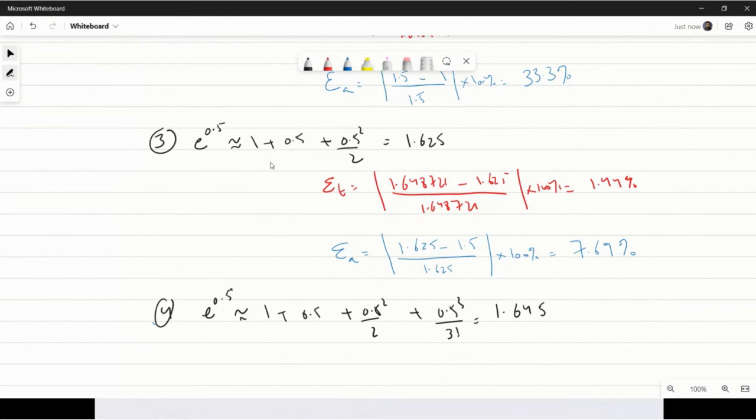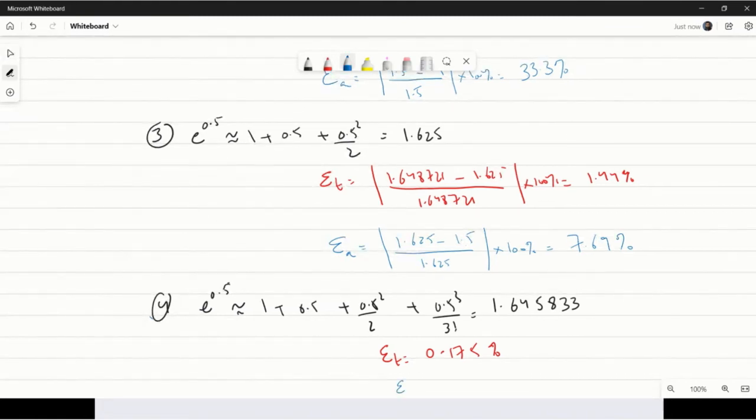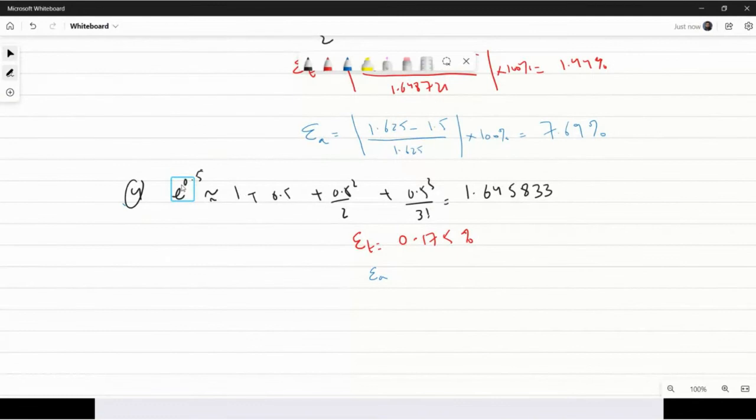So I find it to be 1.645833, and you can find your true error as 1.648721 minus this value, and it comes out to be 0.175%, and you can find your approximate error as the difference between the current value and the previous value, which is 1.645833 minus 1.625.